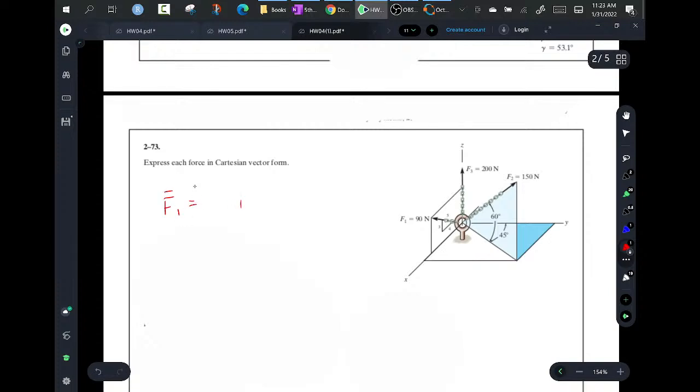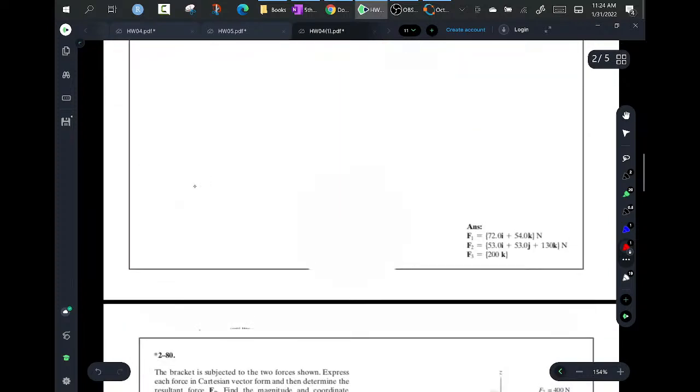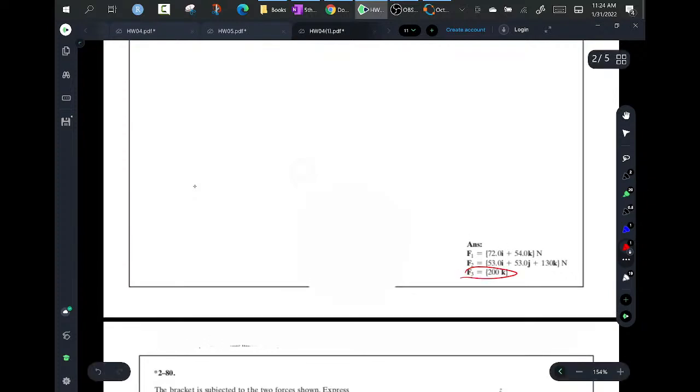F1 is equal to something I plus something J plus something K. And F2 would equal something I, and F3 would equal something I plus something J plus some sort of coefficient of the K. Really the easiest one, I got this one just being pulled straight up at 200, and so we'll check that one. Yeah, he didn't list any of the other two.